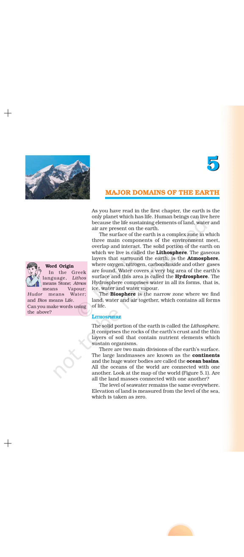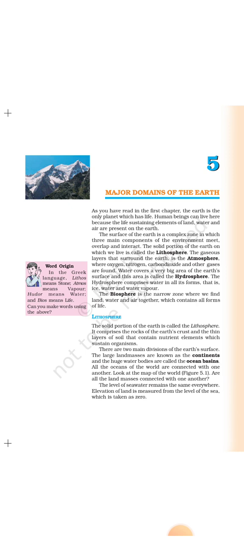Okay, so first we will divide the Earth's domains into four parts. First is the lithosphere, second is the atmosphere, third is the hydrosphere, and fourth is the biosphere. Lithosphere means the part of land, atmosphere means the part of air, hydrosphere means the part of water, and the biosphere is a narrow zone where we find land, water and air together.